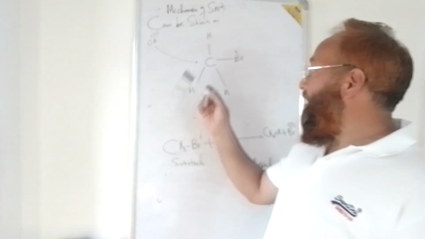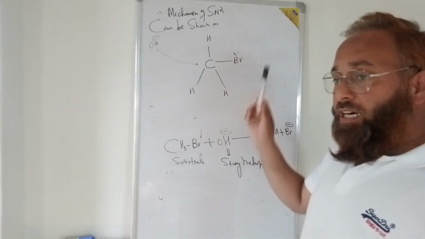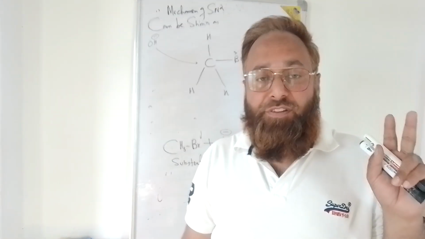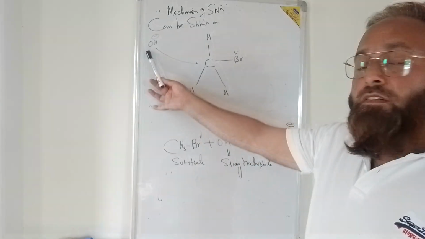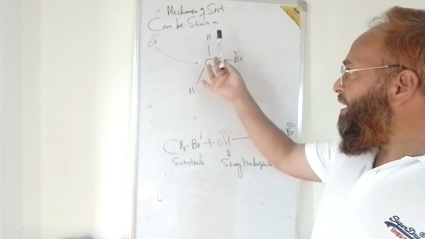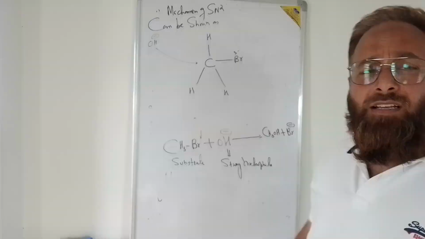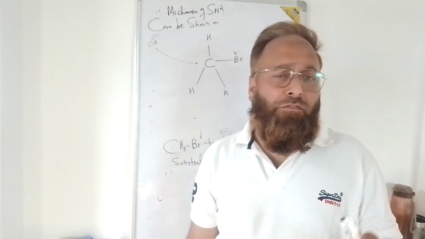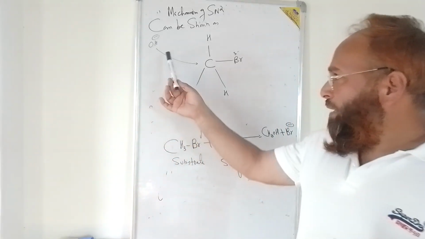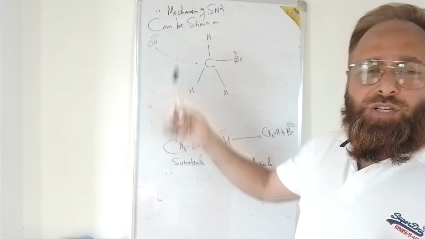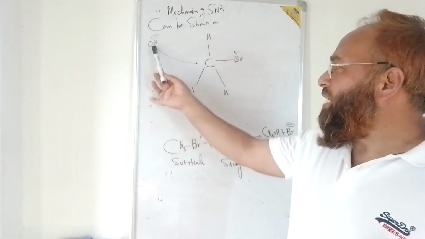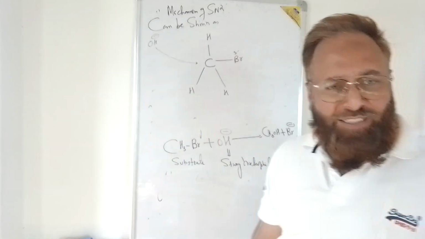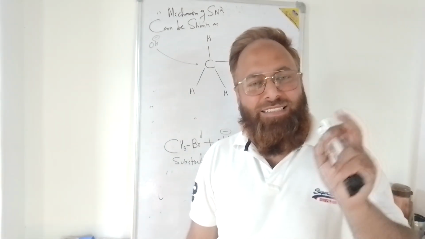OH does not come along the Br side because repulsions are created. From the back side, the H atoms create little repulsion, not more repulsion, which would become a barrier towards OH. So OH easily comes along the backside of the carbon present in the substrate.